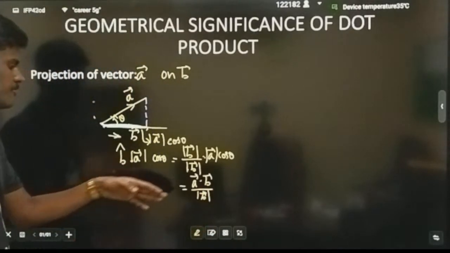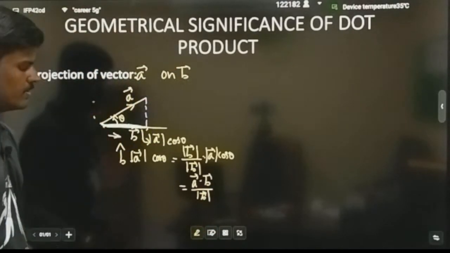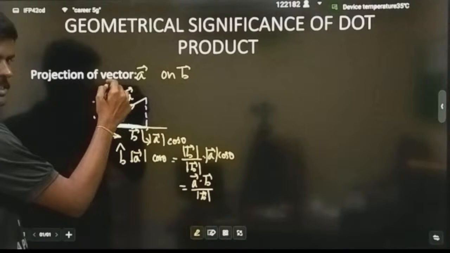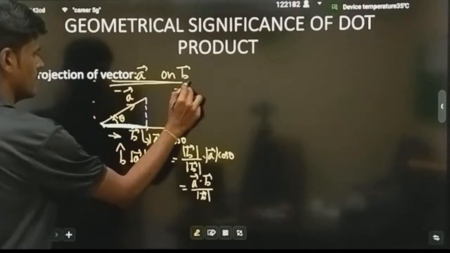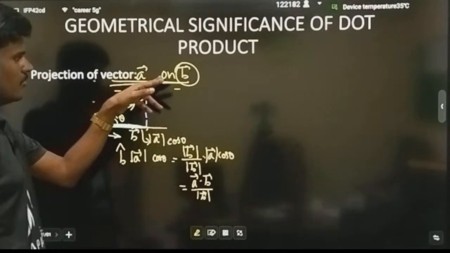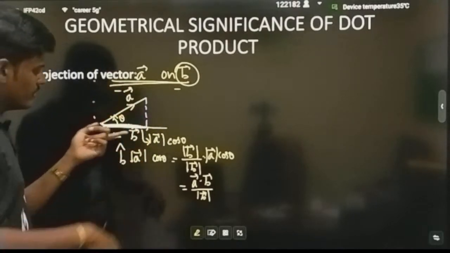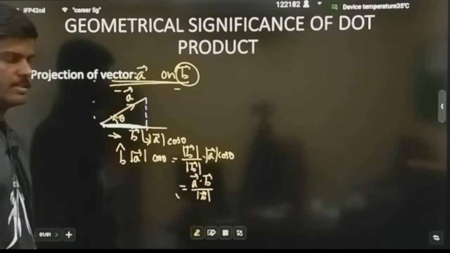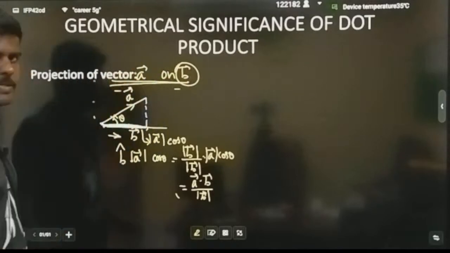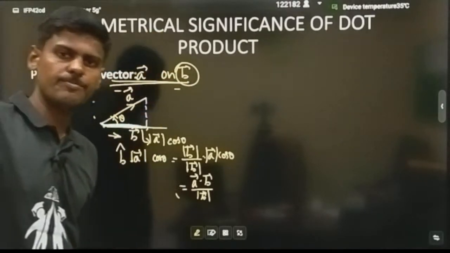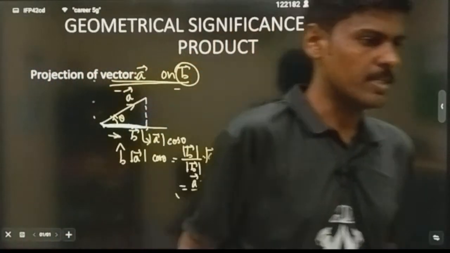This is the projection of A vector onto B vector. So whenever we are projecting A vector on B vector, whichever vector is the direction of projection, we divide by its magnitude: A dot B by modulus B.